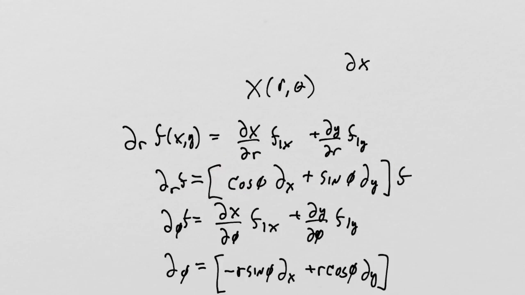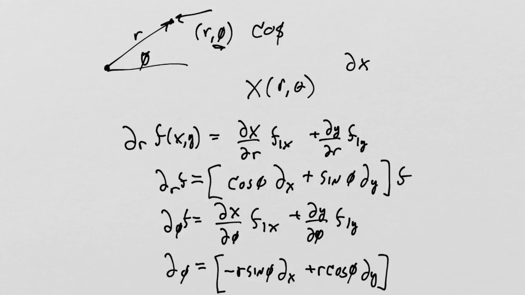Now this operator here is clearly a function on the space-time, right? It really depends where you are. If this is the space-time and that's r and that's phi, at that point I have to take the value of phi. That point is a coordinate r phi. I take that value of phi, I take its cosine, and then I multiply that cosine by the operator partial x, and I operate it on f.